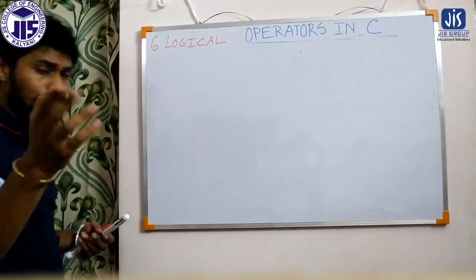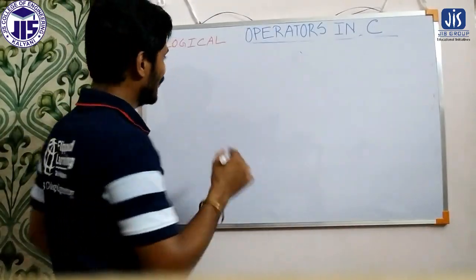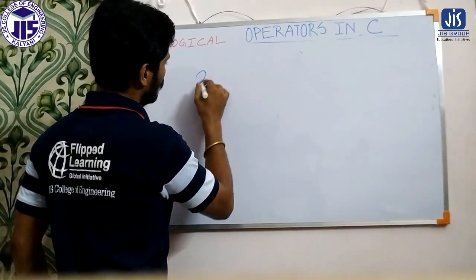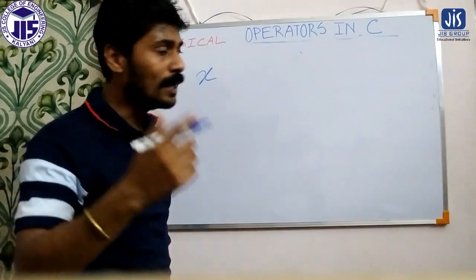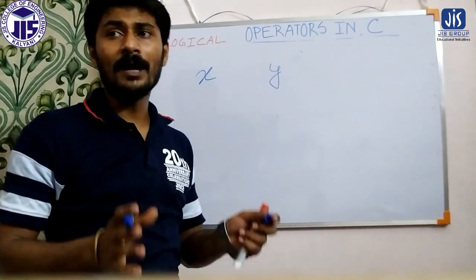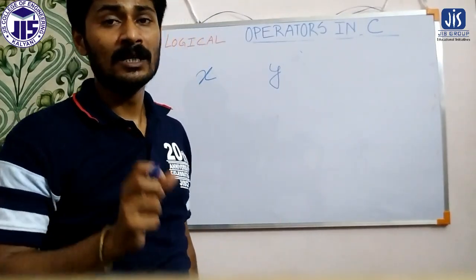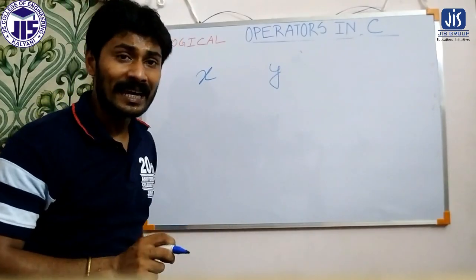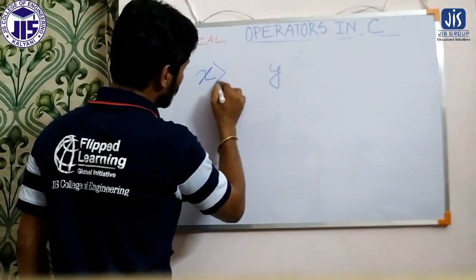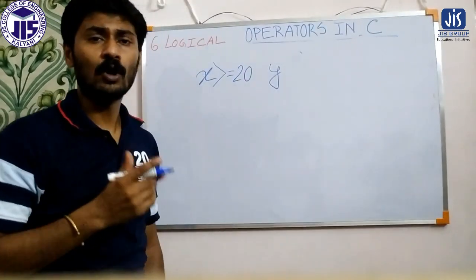So for example, in group A, my score is X, and in group B, my score is Y. So if the value of X is greater than or equal to 20, that means I will qualify.